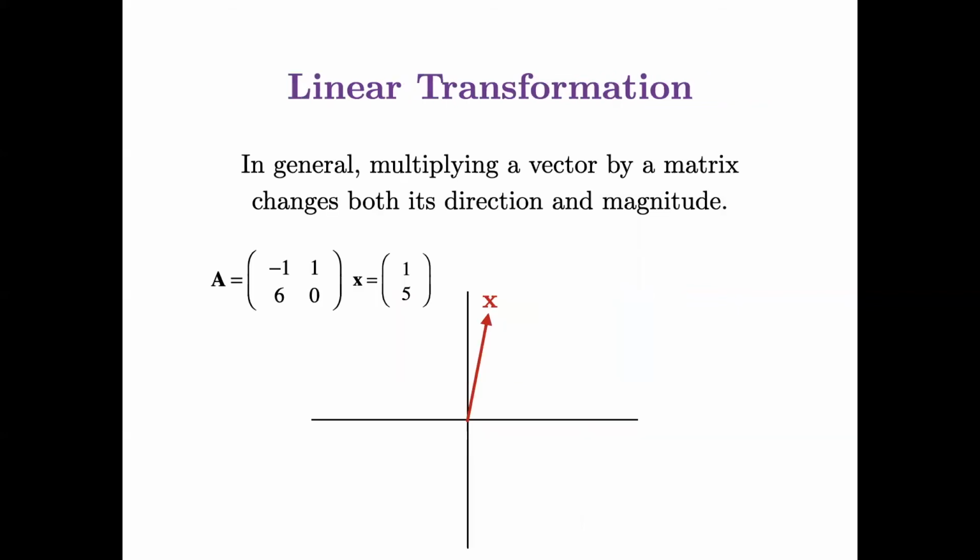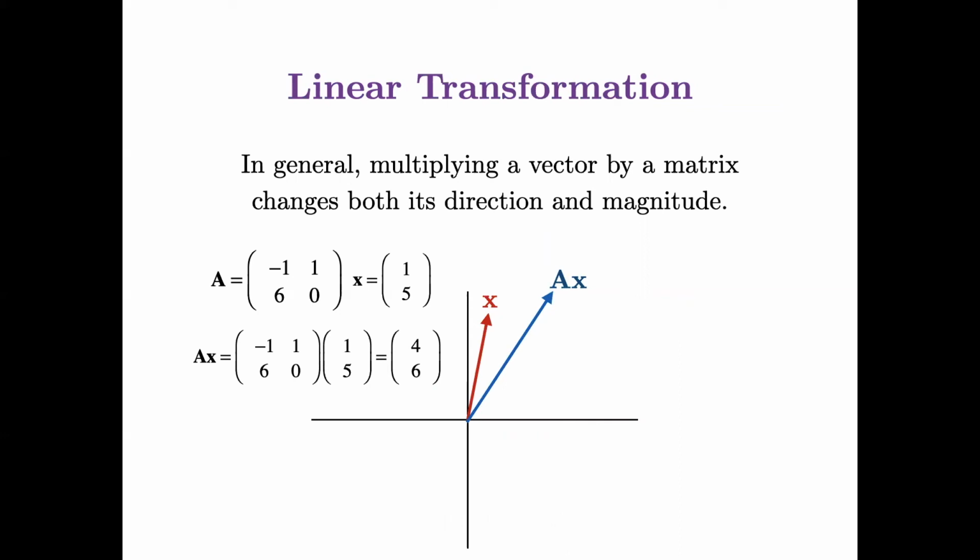Let's take an example. Here I have a matrix A and a vector x. So in general, when I multiply a vector x by a matrix A, it's going to change both its direction and its magnitude. So here is the vector x in red and the vector Ax is in blue.